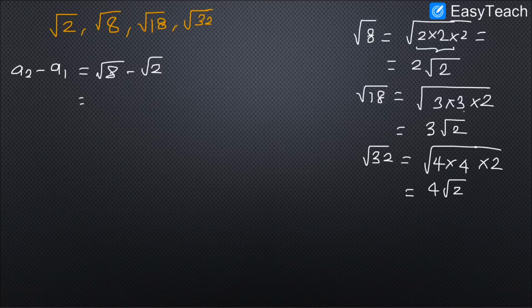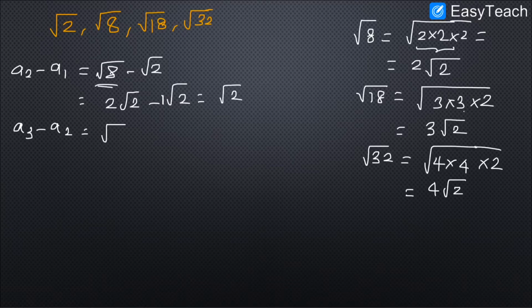Okay, coming back to our problem. A2 minus A1 equals root 8 minus root 2. Root 8 we can write as 2 root 2, minus root 2, which I write as it is. So root 2 minus 1 root 2 gives me 1 root 2. Same for A3 minus A2, which is root 18 minus root 8.